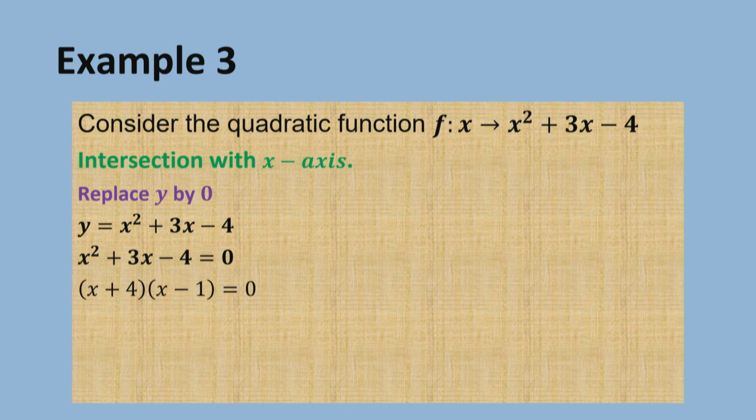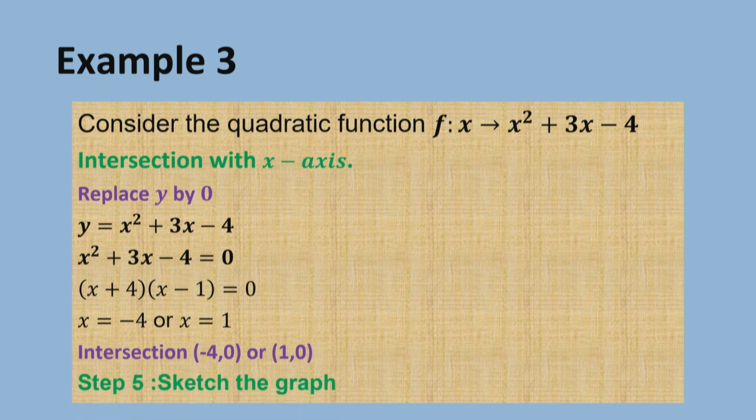Well, we just need to factorize. That's right. So (x plus 4)(x minus 1) equal to 0. Therefore, x will be equal to minus 4 or x equal to 1. Therefore, the intersections will be at (minus 4, 0) or (1, 0).